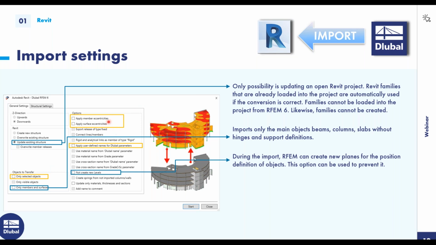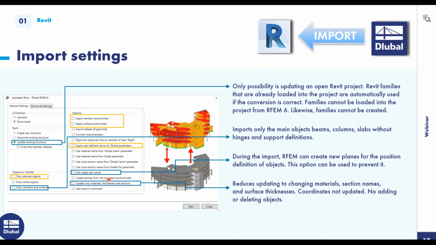So the options for eccentricities, which are shown here, are not available yet. And then we have some remaining options here, two of them. And the first one is you can check on not to create new levels in Revit during the import. So that's available. And then also you can choose to only update materials, thicknesses, and sections. Sometimes this is a safer way of updating projects.